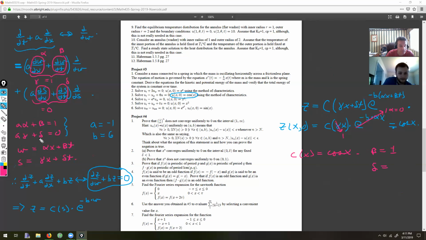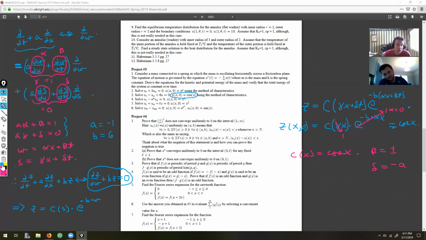Delta should be... Oh, wait, A is negative 1. Negative A, right? I see. You put the negative 1 in there. Let's just leave the A in there for now. So if gamma is 1, delta is negative A. And so delta would be 1 in the case for this function right here, okay?